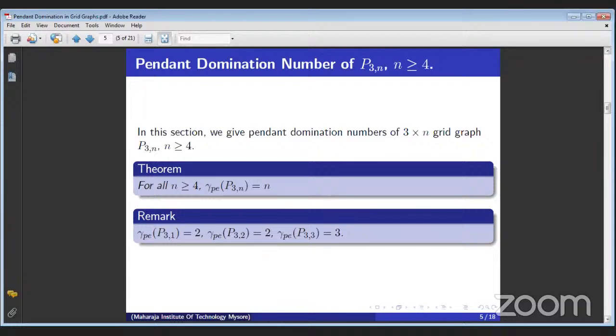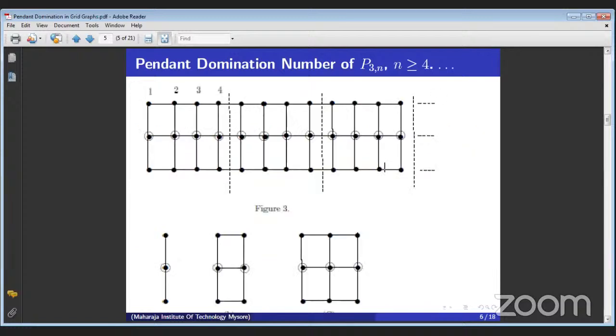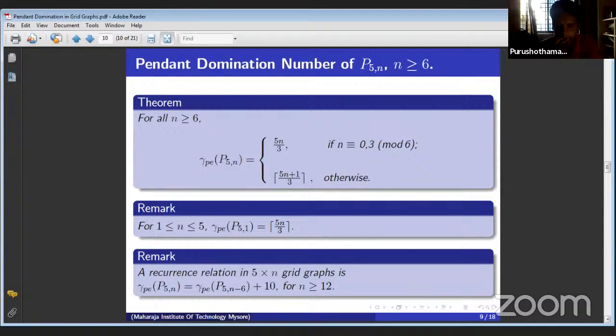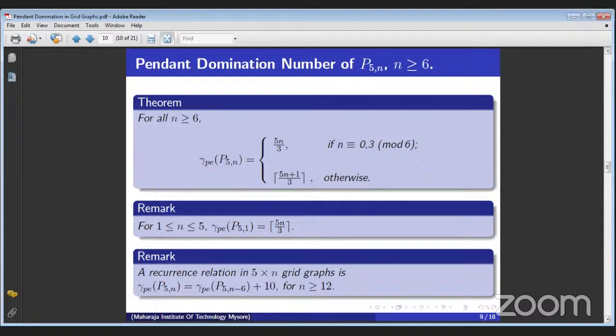But always you put a condition that n should be greater than or equal to m, and for the others, you calculate separately. I think from this formula, you should be able to give a general recurrence relation for computing gamma_p for general m. Anyway, thank you. Thank you, ma'am.